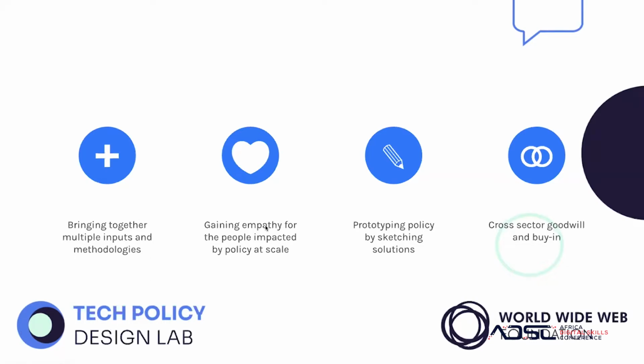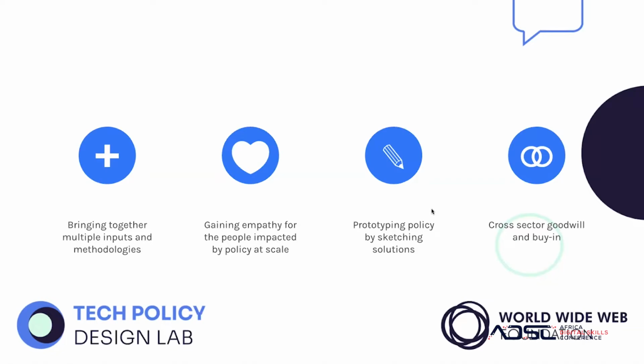The second pillar is about gaining empathy for the people impacted by policy at scale. It's really important to think about it from the user point of view, especially the most marginalized and the vulnerable. And the third pillar is prototyping policy by sketching solutions.